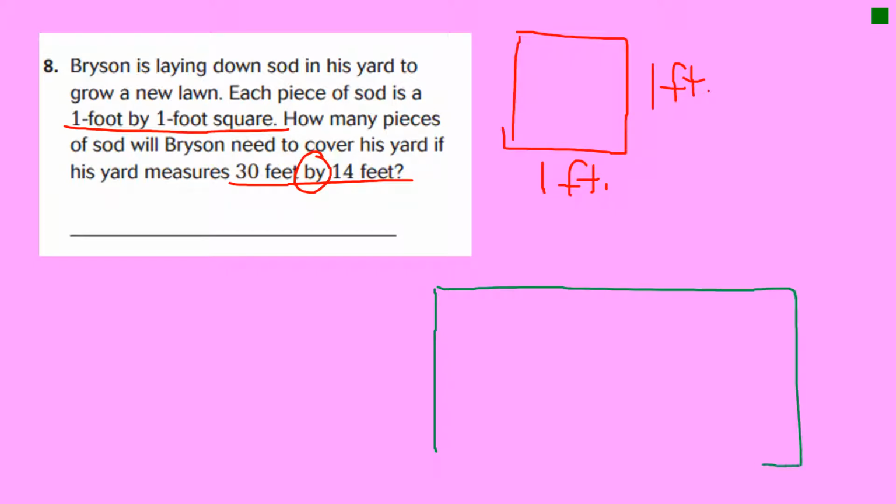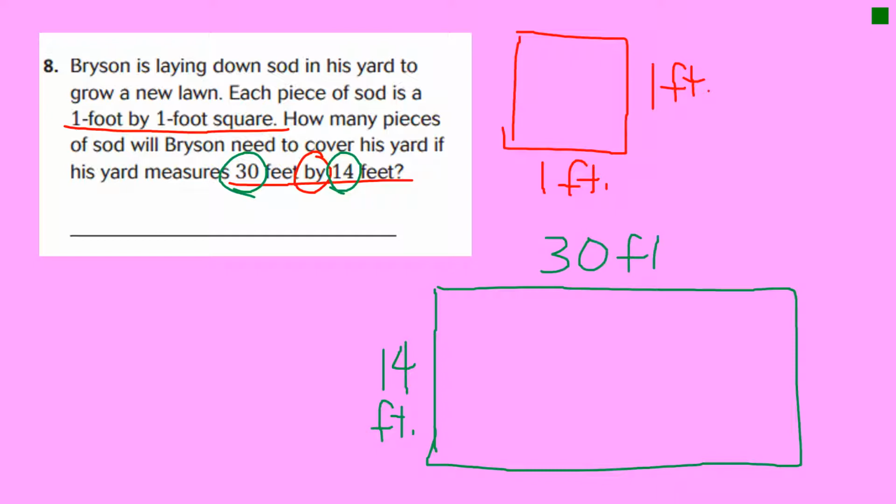You can draw it the other way if you want to. Okay, so let's label this 14 feet. And then this is 30 feet. And it's filled with squares. And when you find area, you find out how many squares it's going to take to cover Bryson's lawn. How many of these little grassy squares?